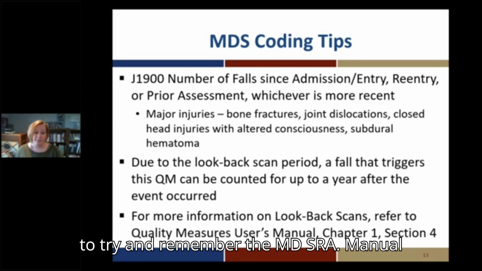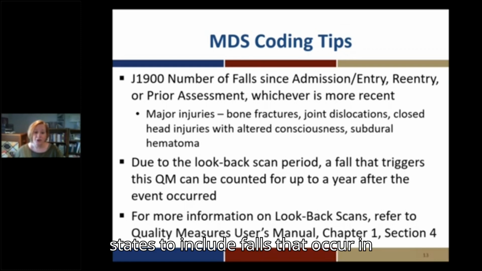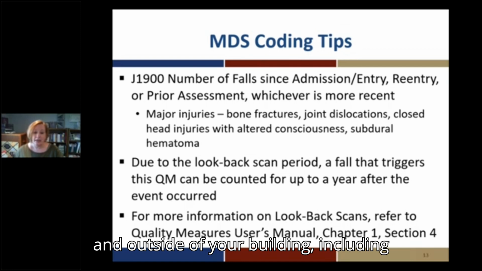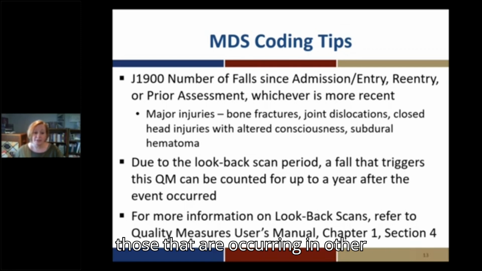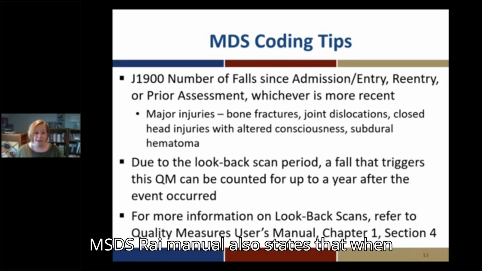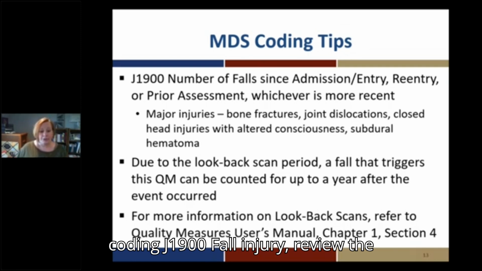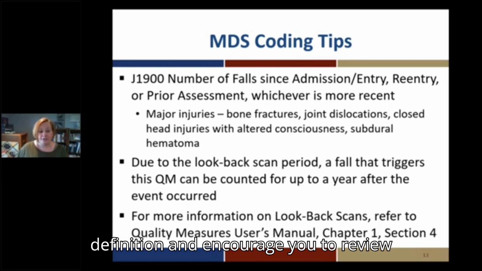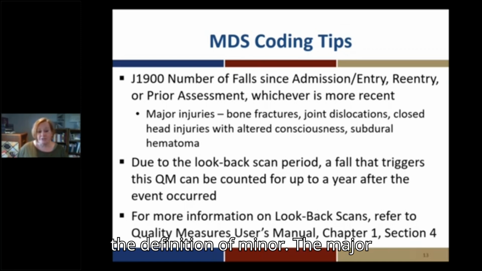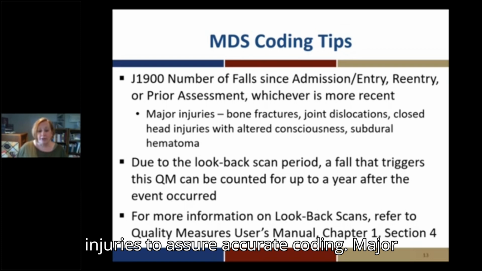The MDS RAI manual states to include falls that occur in and outside of your building, including those occurring in other settings, such as in the hospital. The manual also states that when coding J1900, fall injury, review the definition. They encourage you to review the definition of minor and major injuries to assure accurate coding.